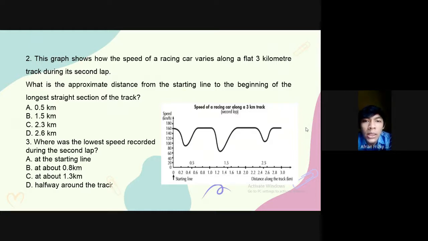Here, the question refers to the student having to read the graph that is given. So students must use their mathematical literacy to solve this problem.